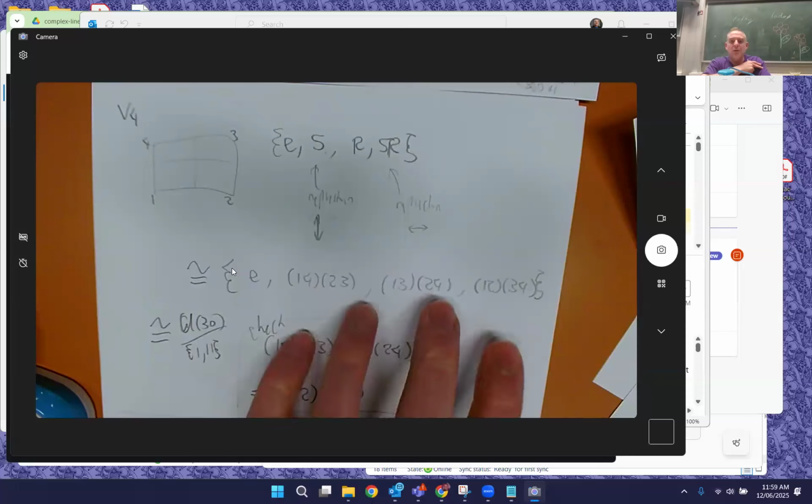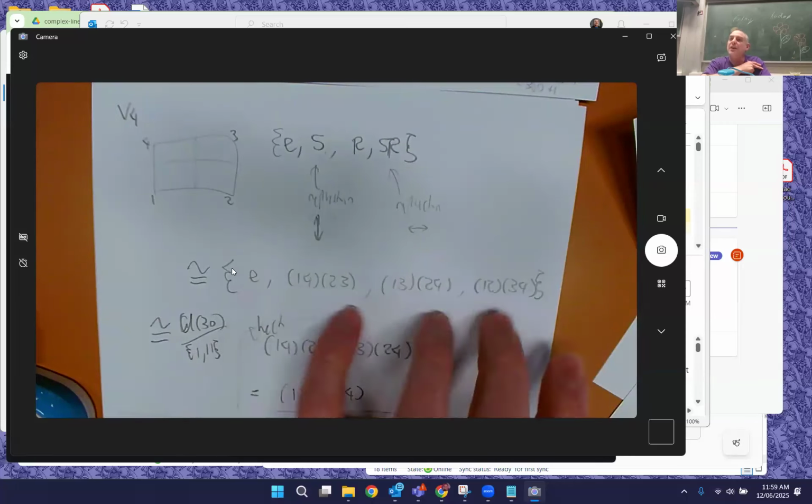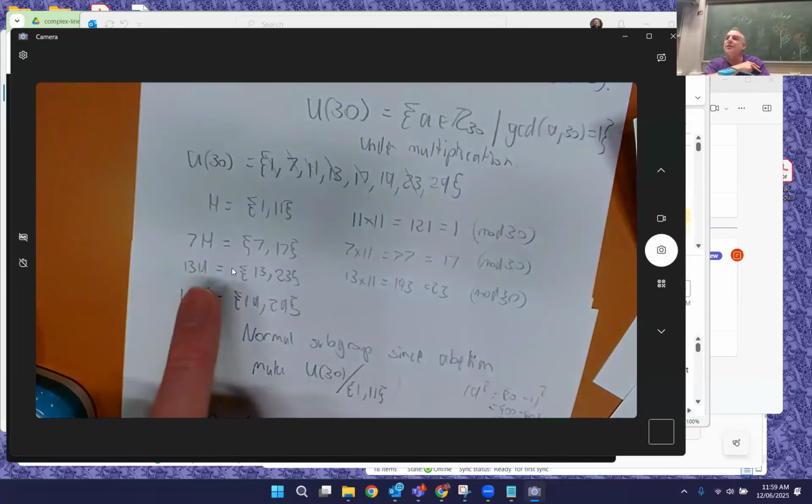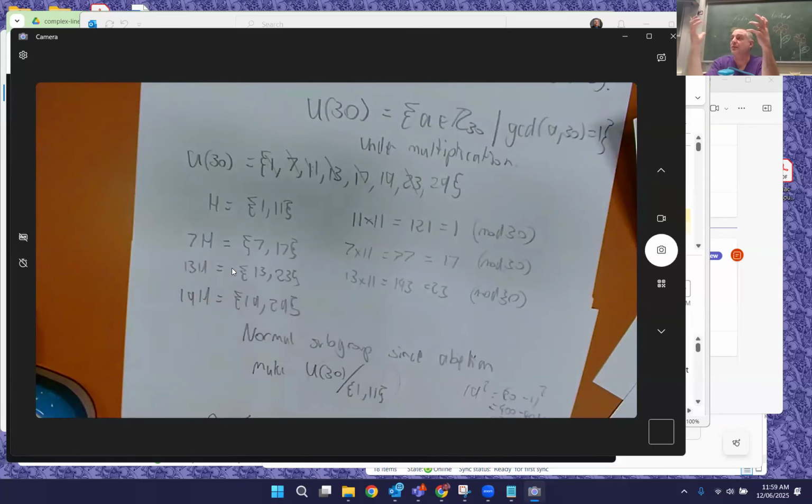So with this one, any two of them that aren't the identity, if I multiply them, I get the other one. Whereas in this one, when I multiply 2 of them, I get the identity. So anything that doesn't match between the 2 of them and the way that the multiplication works is a proof that they're not isomorphic. What is isomorphic?